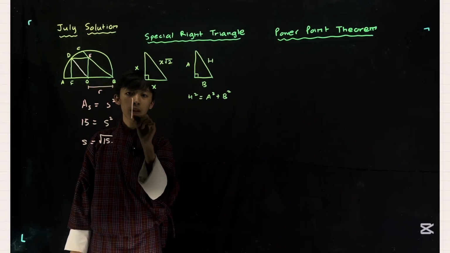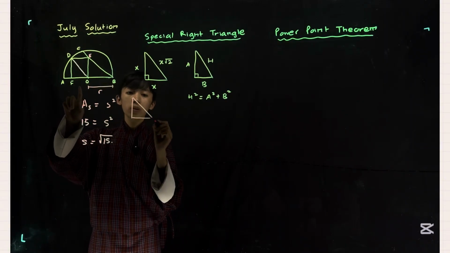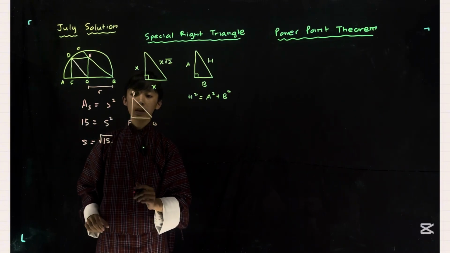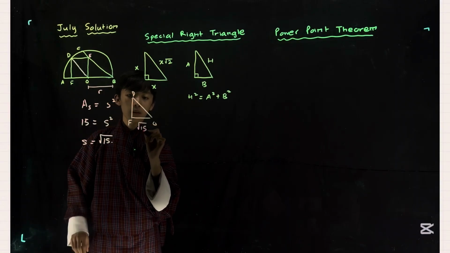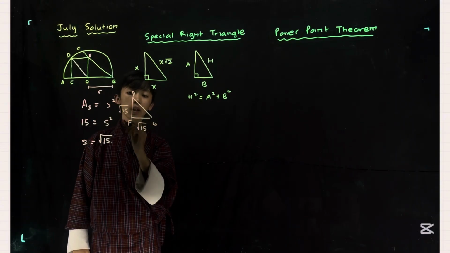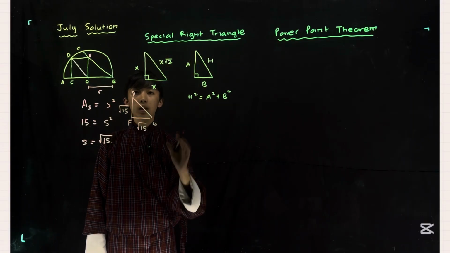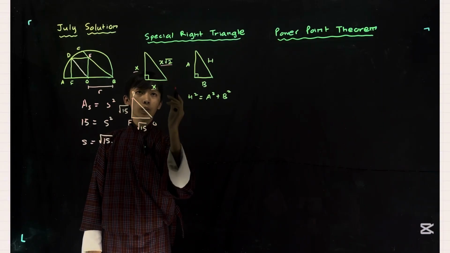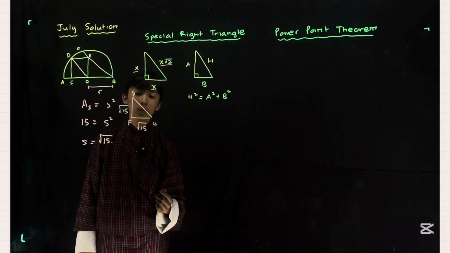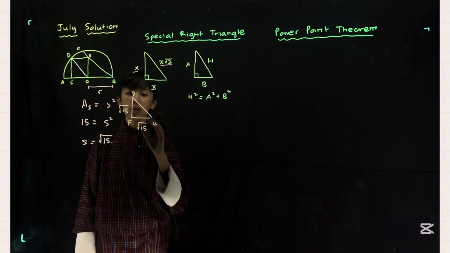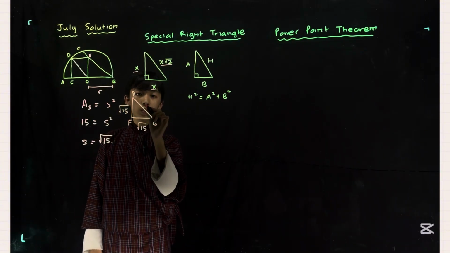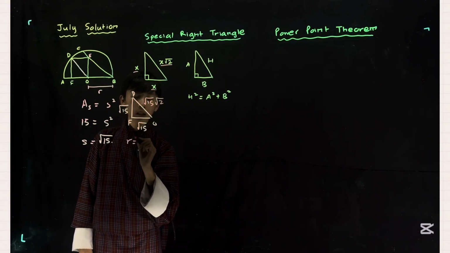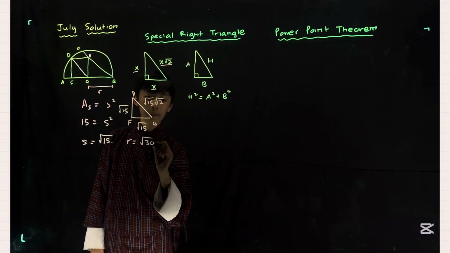So if we draw out the triangle O, D and F, you can see that we can find O to D because we know the two side lengths of the square, that's root of 15, and there's a special right triangle property that states that if two side lengths are equal, then the hypotenuse will be equal to x root of 2. So in this case, the radius of the semicircle would be simply root of 15 times root of 2. So we can say that the radius is equal to root of 30.